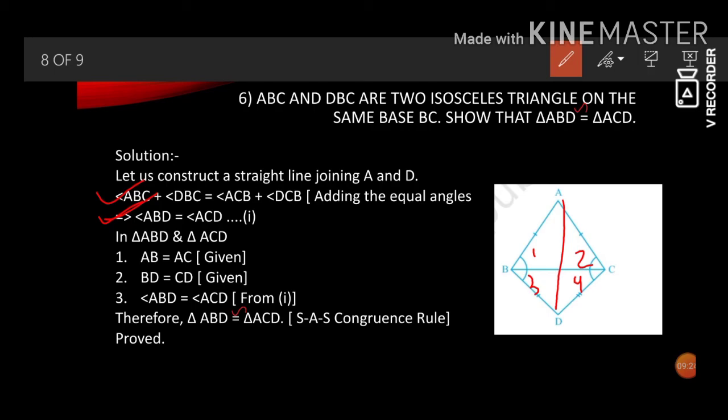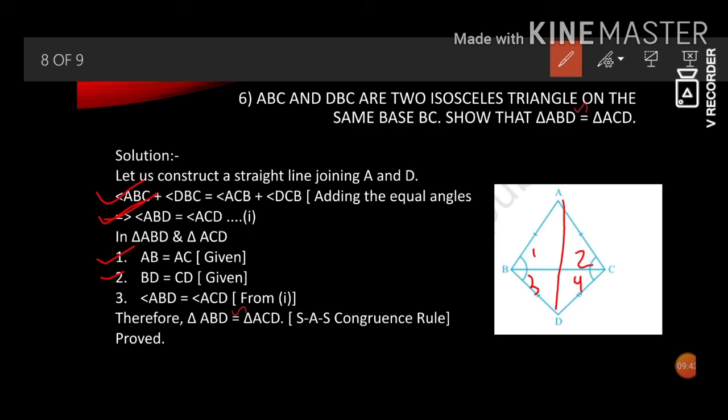So now let us consider the triangles ABD and ACD. In these two triangles, AB and AC are equal to each other as they are isosceles triangles. Again, BD and DC are also equal to each other. So both of these points are given in the question.